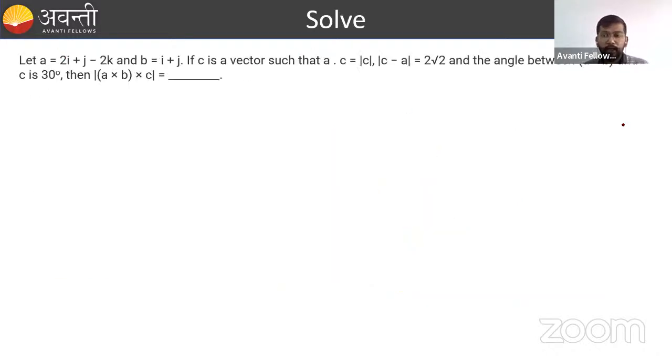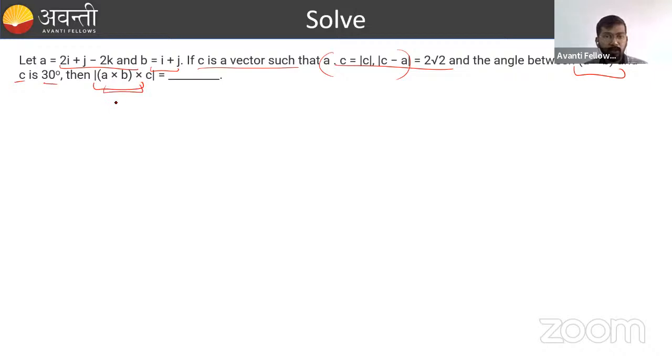Now, another question. In this question, a bar is given, b bar is given. If c bar is a vector such that this condition is followed for c bar, and the angle between a bar cross b bar and c bar is 30 degrees, then a bar cross b bar cross c bar.